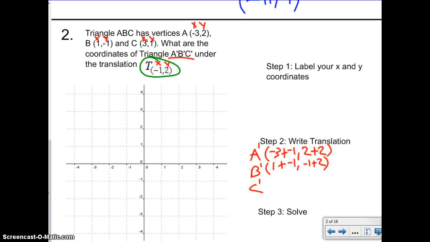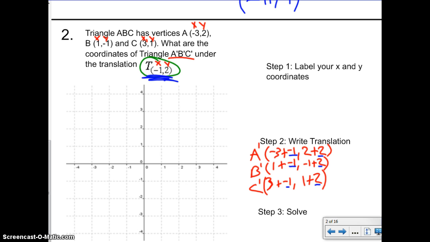And then for C, we have 3 plus -1, and we have 1 plus 2. Now if you notice, we're doing the same translation to every point, right? If you look, we have -1, -1, -1, and we have 2, 2, and 2. Because it goes back to this translation. So you're doing that same translation to every single point.